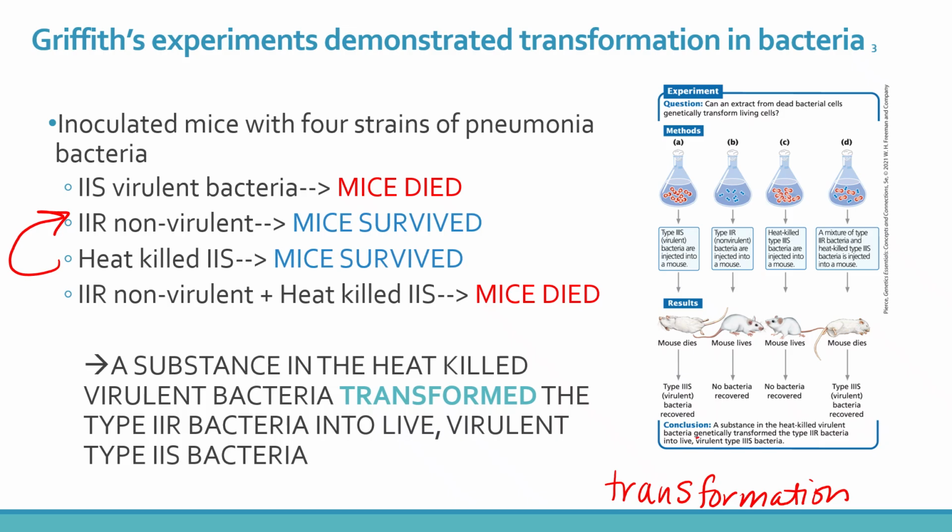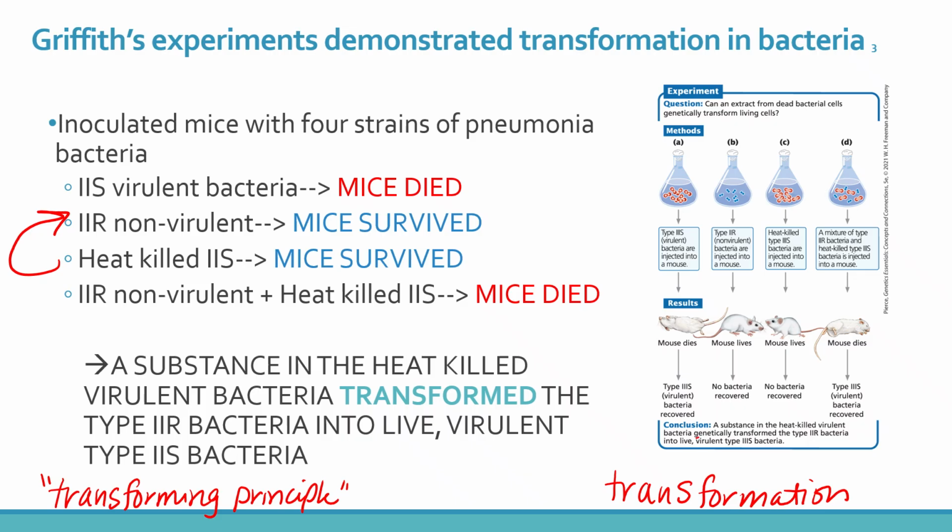And so it turned out that there was a transforming principle that could be transferred from one bacteria to another. So Griffith essentially showed that there was some factor, and we don't know what it is yet, but there was some factor that could be transferred along with its ability to kill these mice between bacteria.